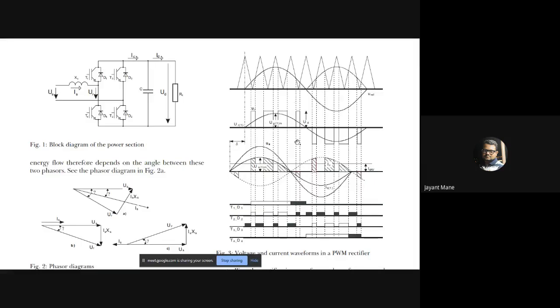And one more time there is output when D1 and D2 are simultaneously on. Then also we get voltage in the output. Similarly for T3, T4 we can see: whenever T3, T4 both are on, or D3, D4 are on, then there is output.